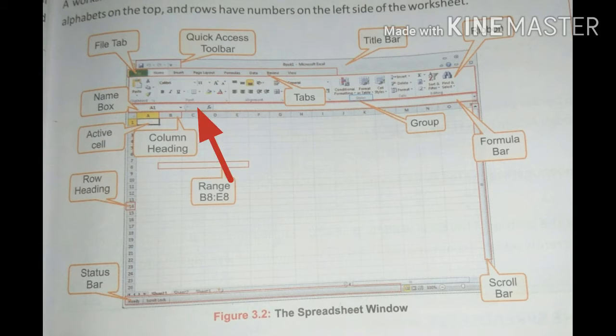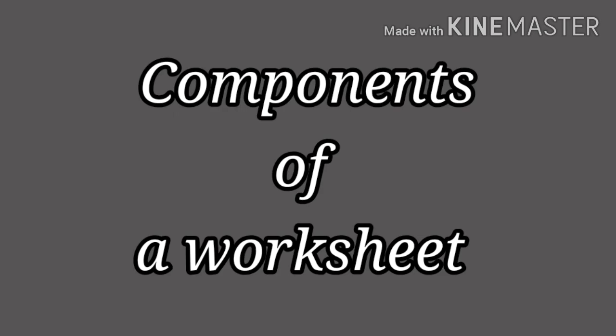We will call it the column heading, with letters A, B, C, D, etc. And row headings with numbers 1, 2, 3, etc. towards down.